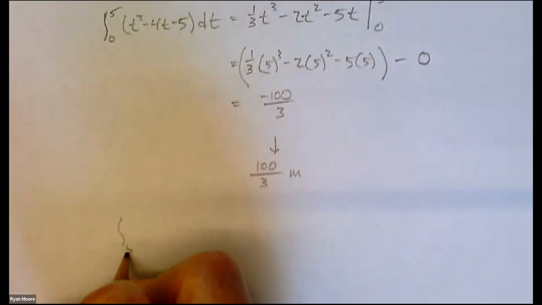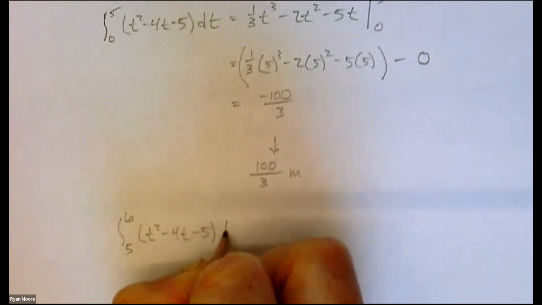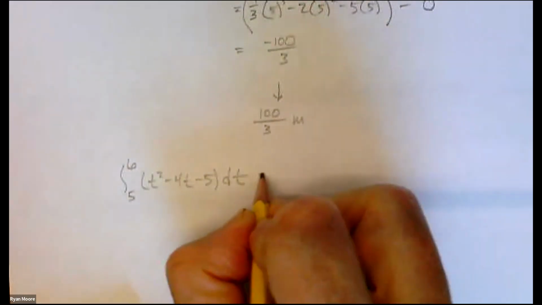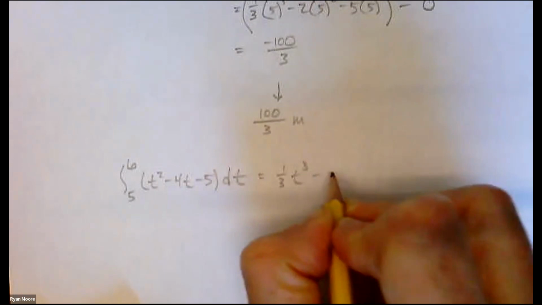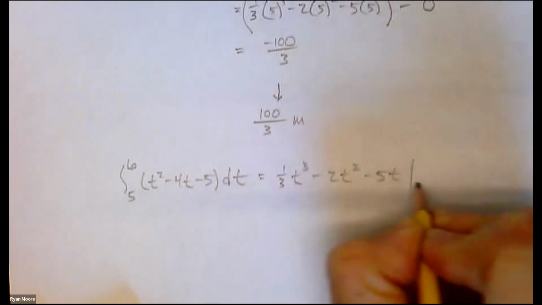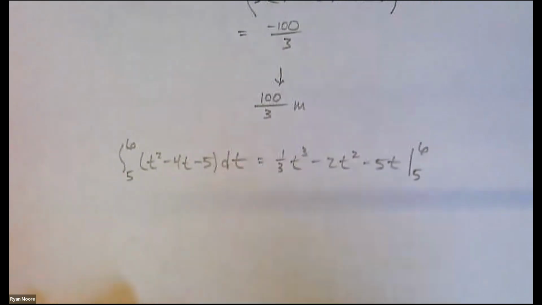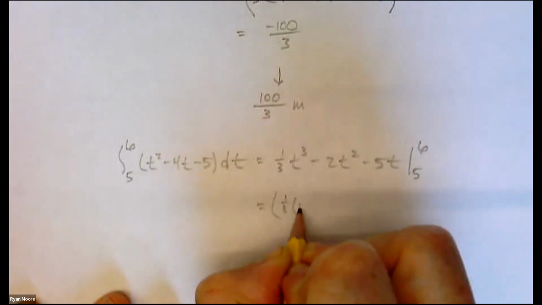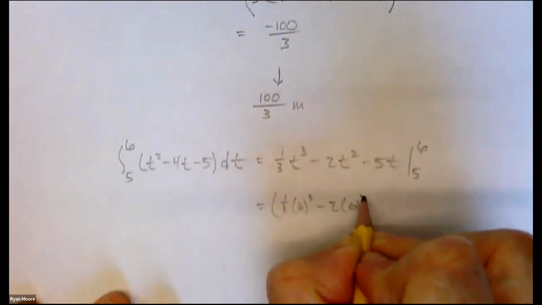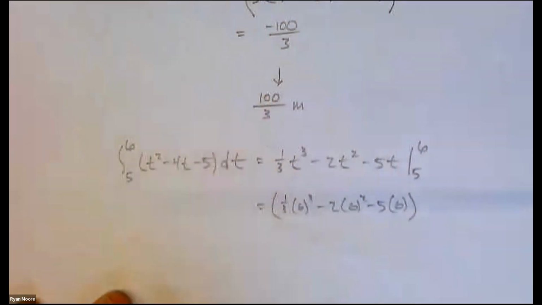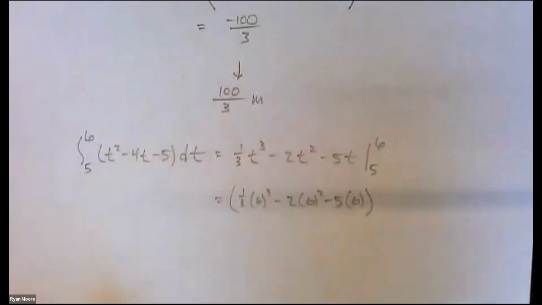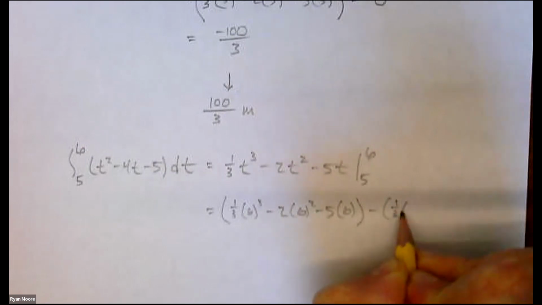How far did it travel during the last 1 second? Notice it's the same antiderivative, which is nice. We're plugging in different numbers. Okay, 6. We already did that once in part A. And plugging in 5, well, we just did that.